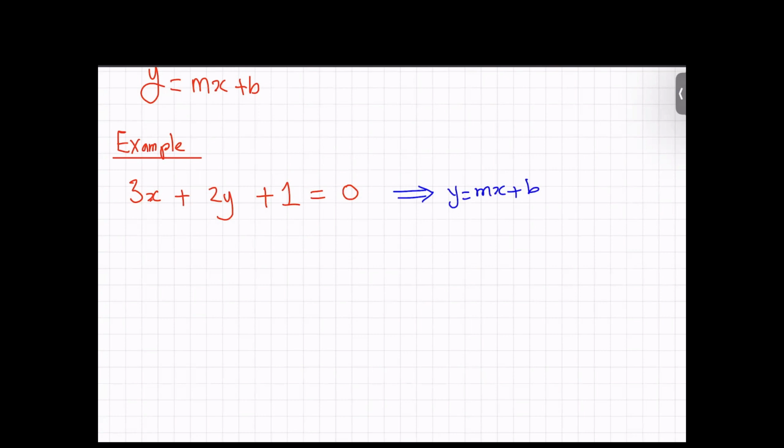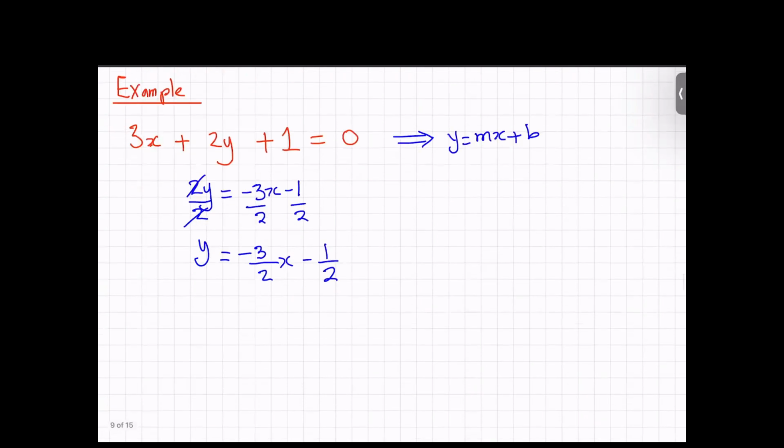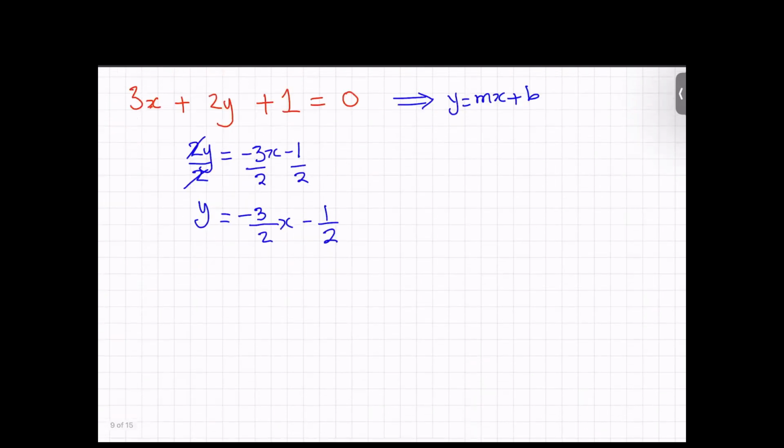By solving for y, just keep 2y here, and then this is negative 3x minus 1. Now I want to solve for y, so divide both sides by 2, dividing each term by 2. So this is negative 3 over 2 x minus 1 over 2. Once you have this, you're ready to graph.